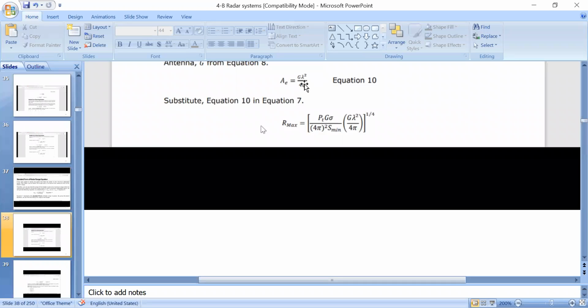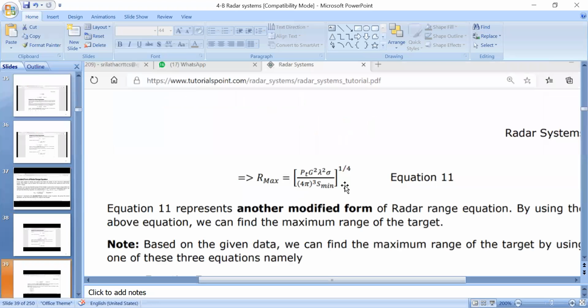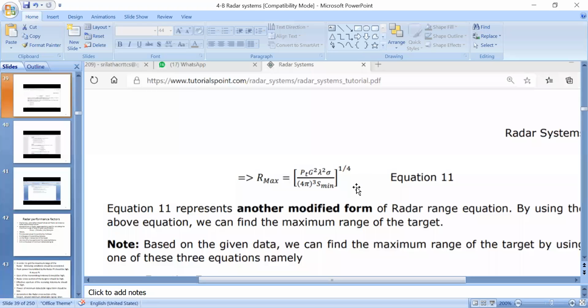So by substituting this formula into that equation, again it is another modified form of radar range equation. These are called modified forms of radar range equations. So these are equation 7, equation 9 and equation 11.